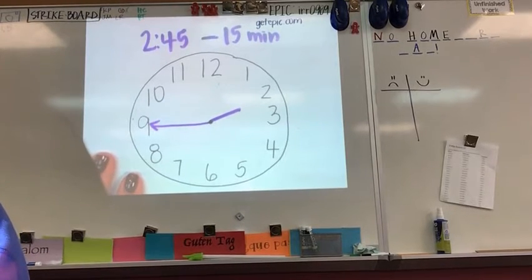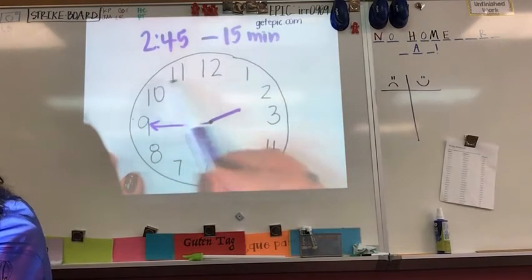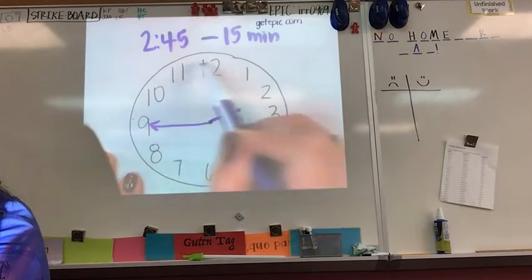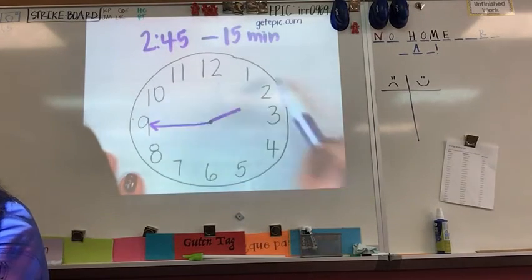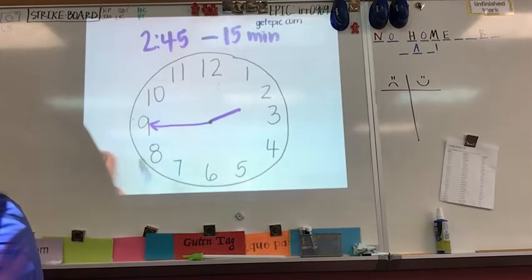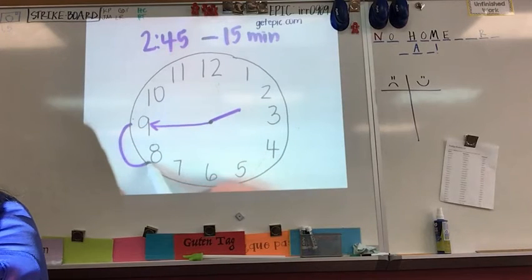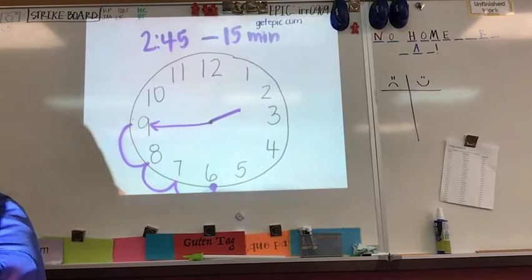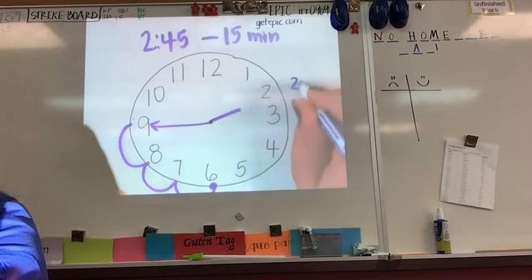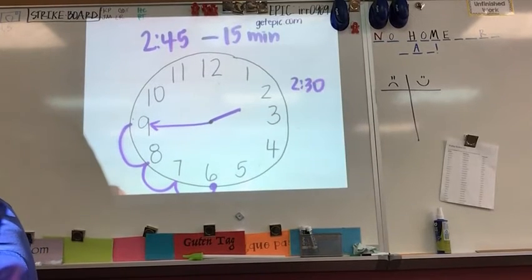When you subtract 15 minutes, you have to go counterclockwise or make the numbers count down in your counting. So we go backwards. So we would count 5, 10, 15, and now instead of 2:45, we are going to end at 2:30 p.m.